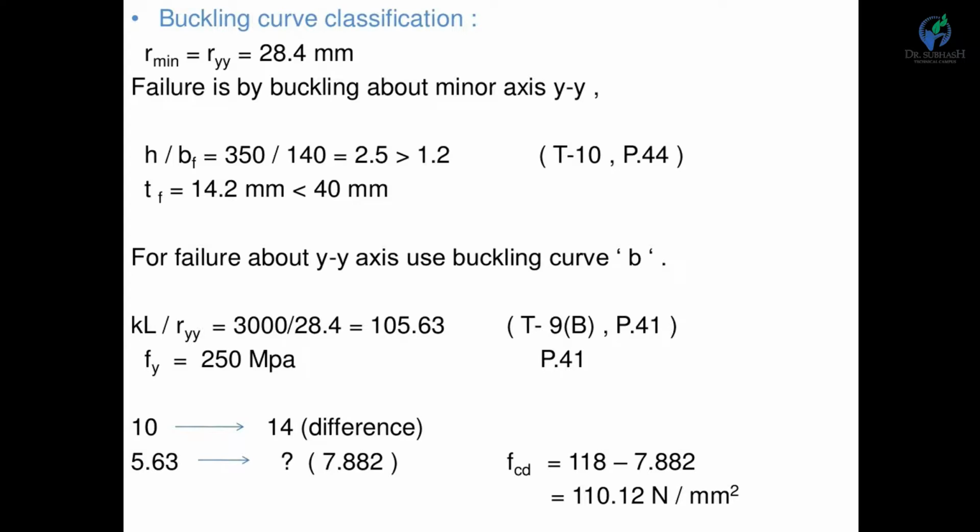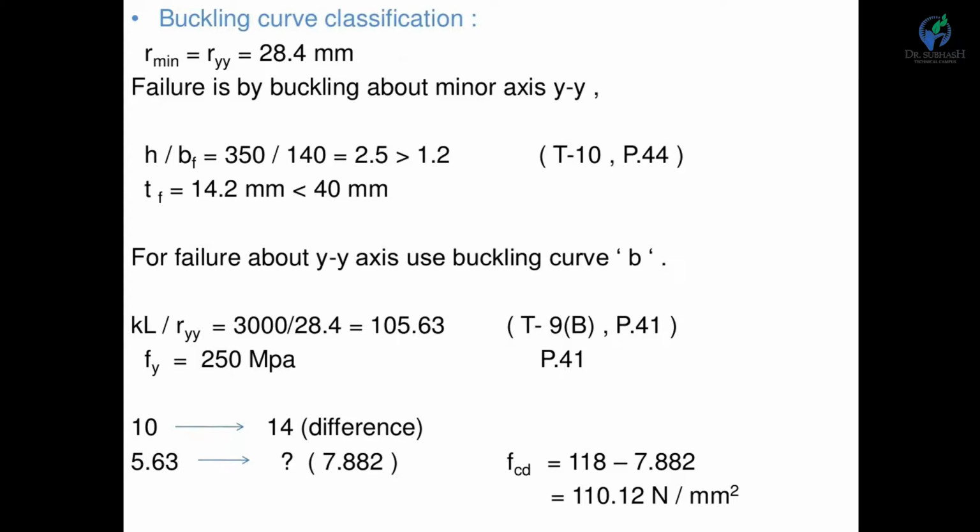First we find KL upon R minimum, which means RYY. We find FCD according to table number 9B. In this table, on the horizontal axis different KL upon RYY values are given, and on the vertical axis FY is given. Our FY is 250 and KL upon R minimum is 105.63, so we find the values at 100 and 110, and in between we interpolate. How do we interpolate? We take the FCD values for 250 at 100 and 110.